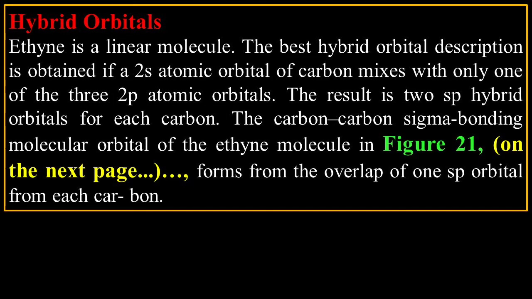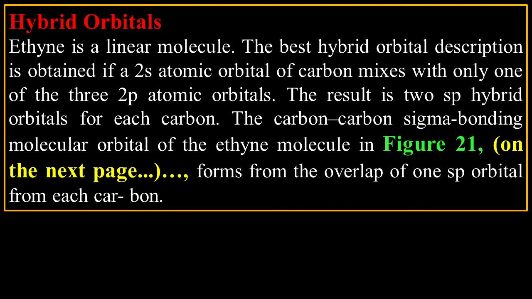Ethane is a linear molecule. The best hybrid orbital description is obtained if a 2s atomic orbital of carbon mixes with only one of the three 2p atomic orbitals. The result is 2 sp hybrid orbitals for each carbon.